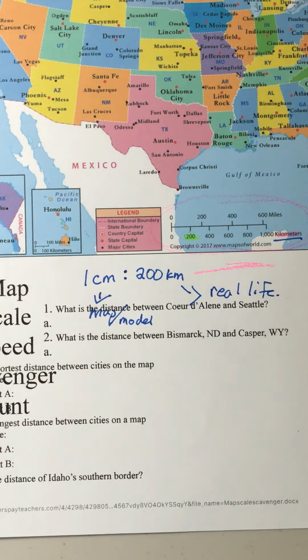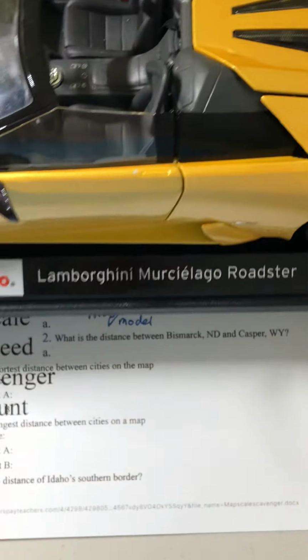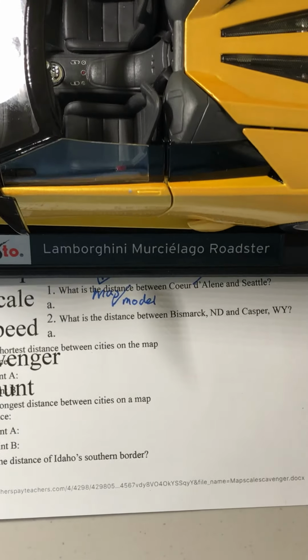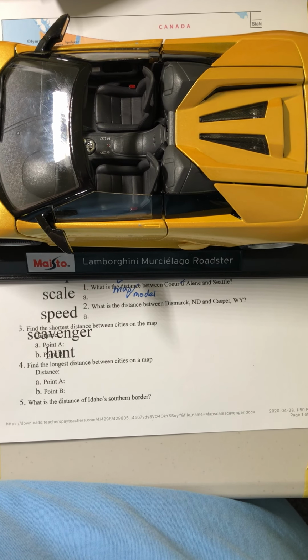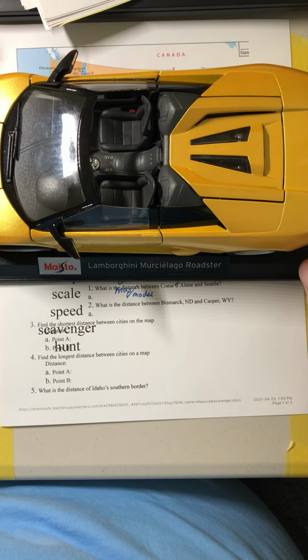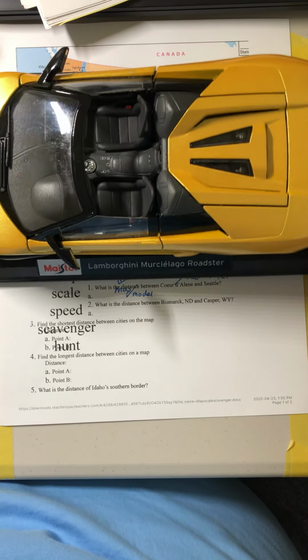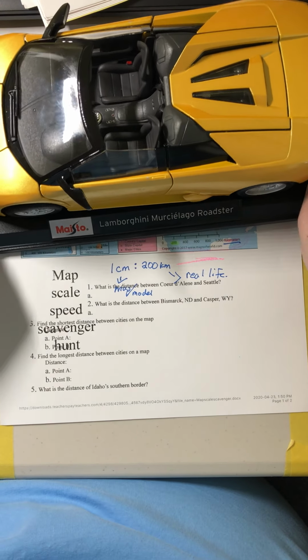Now, I'm just going to show you quickly. I can see that I need to zoom out a bit. This is my model of a Lamborghini Murcielago Roadster. And you're probably wondering, why am I showing my toys?